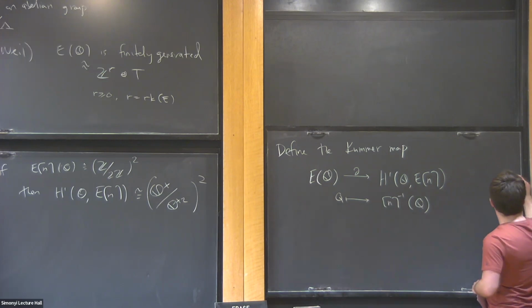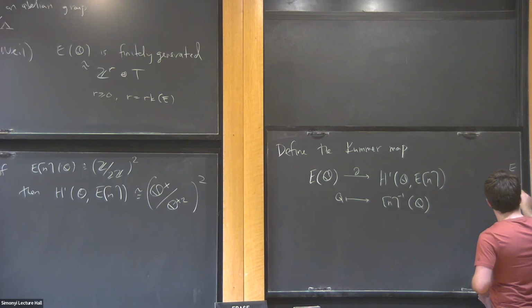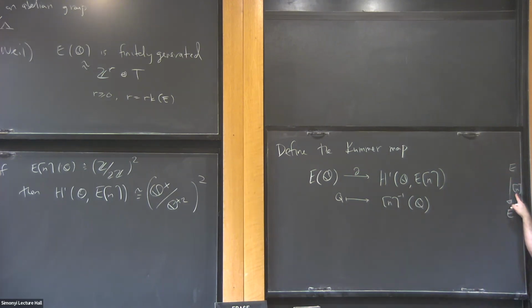And so the picture here is you have E covering itself via the endomorphism multiplication by n. This is a degree n squared cover of Riemann surfaces or algebraic varieties over Q.